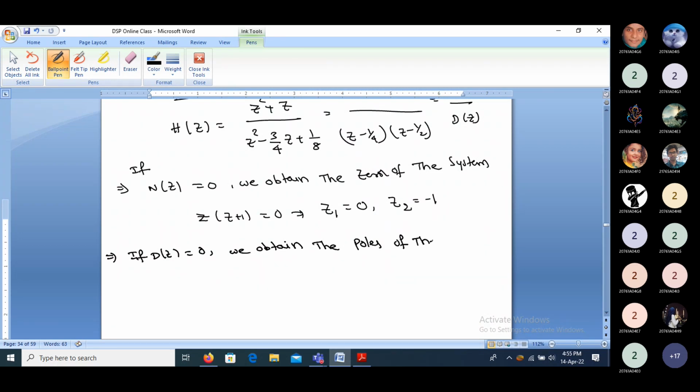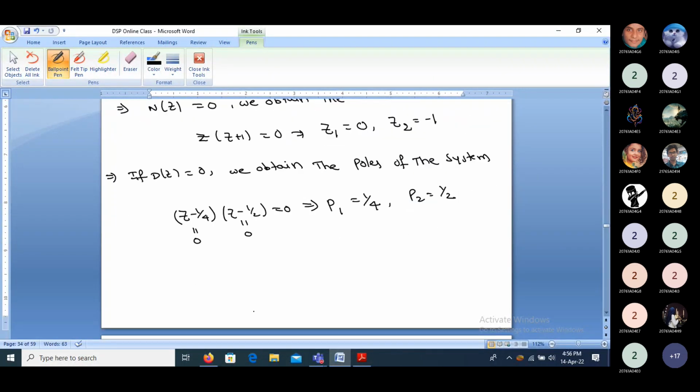So what is the denominator here? z minus 1 by 4 into z minus 1 by 2 is equal to 0. Poles are denoted by p. So p1 is equal to 1 by 4 and p2 is equal to 1 by 2. Simple: z minus 1 by 4 is equal to 0 and z minus 1 by 2 is equal to 0. So from this, z is equal to 1 by 4 and z is equal to 1 by 2.